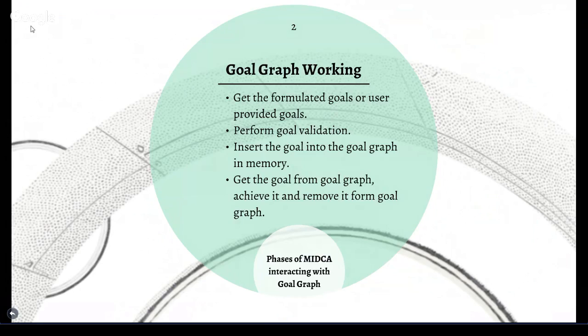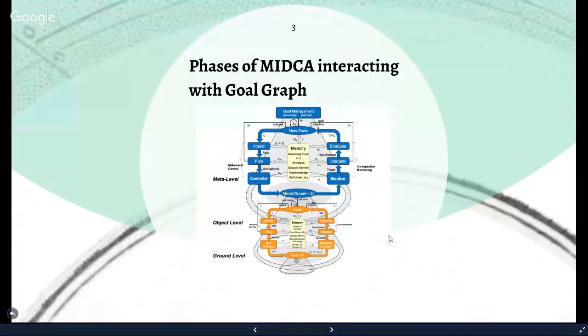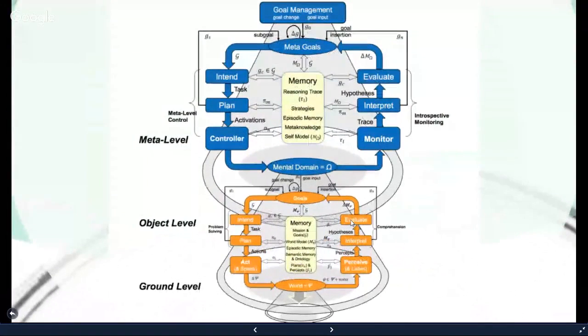If the goal passes the goal validation test, then it is inserted into the goal graph in the memory, and later fetched from the memory, acted upon, achieved, and then removed from the goal graph. So let's take a look at this in detail with the help of the MIDCA architecture.